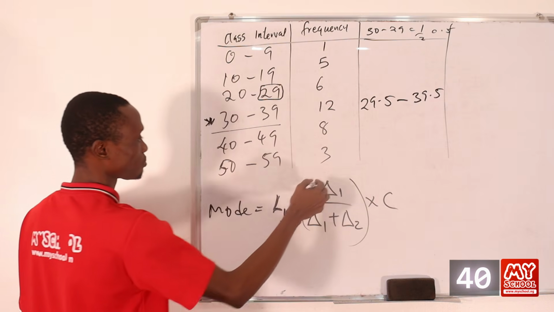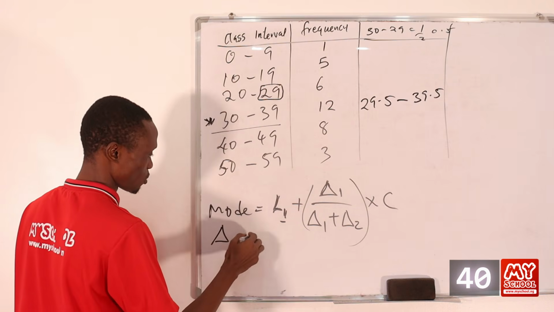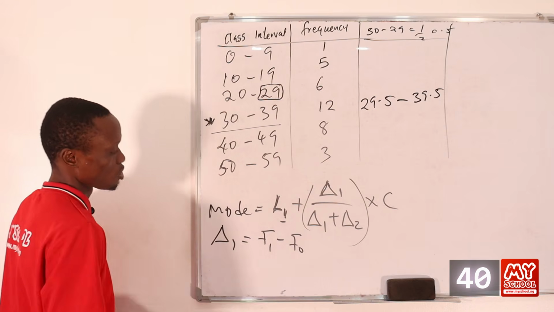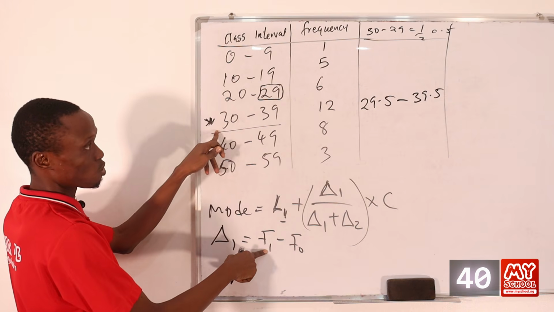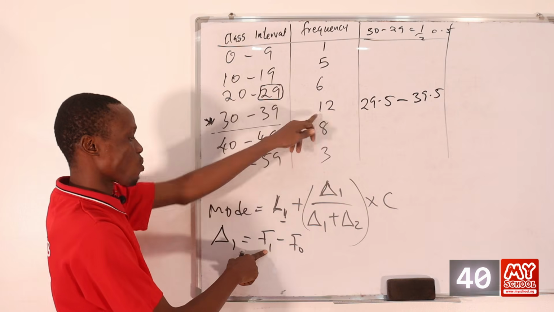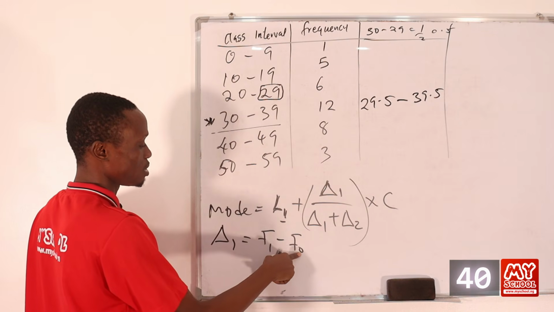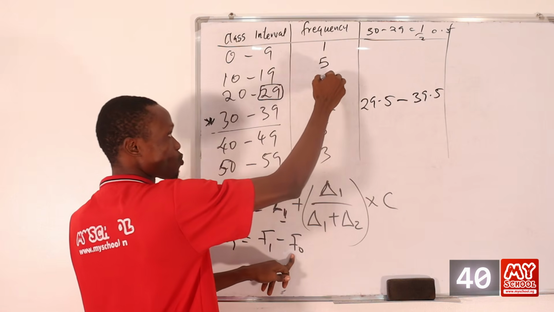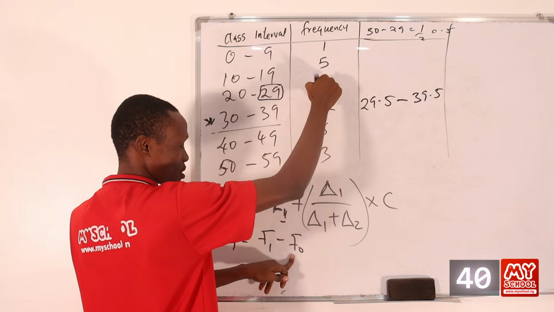Now delta 1 here is equal to F1 minus F0. F1 is the frequency of the modal class. So in this case, F1 is 12. F0 is the frequency before the modal class, so this is 6.